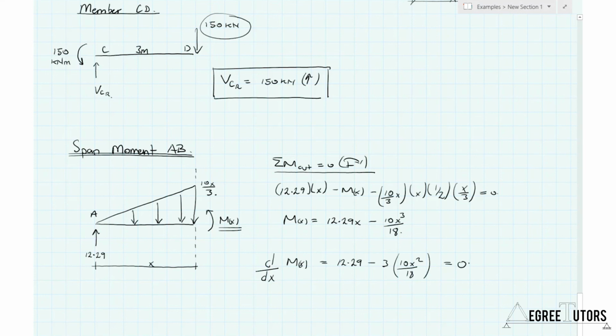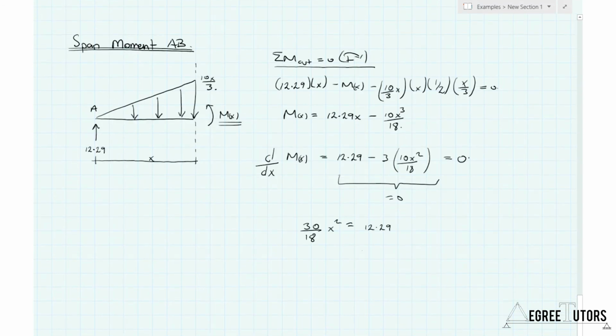I want to solve for the point at which that expression equals 0, because that's where my local max or min occurs. Solving for x, x equals 2.716 meters. So 2.716 meters to the right of A is where my bending moment is a maximum.